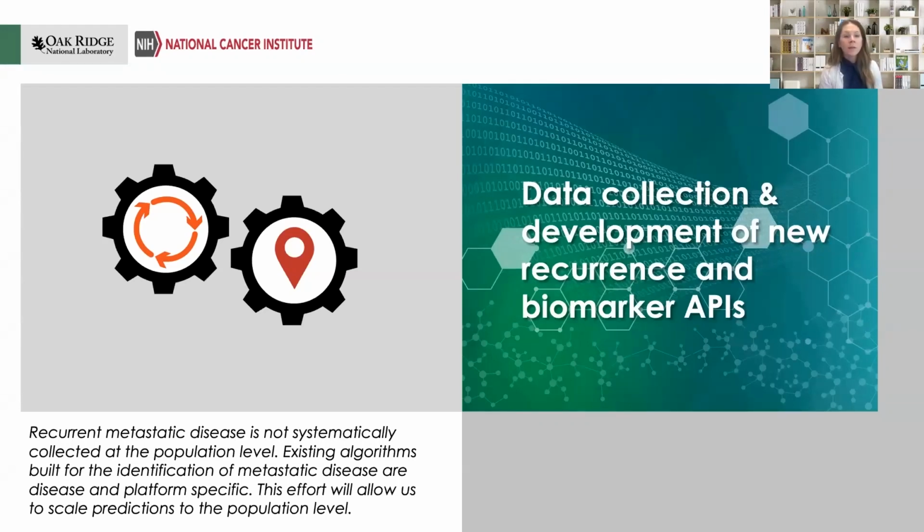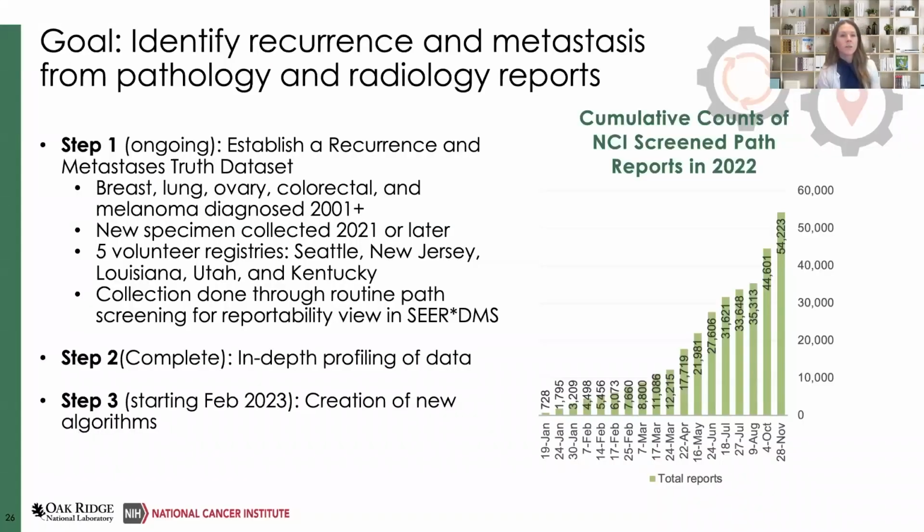And we wanted to develop an algorithm that could do that. We also would like to develop algorithms that can predict biomarker status. In order to do that, we need data collection because that data doesn't exist. So with our partnership with the NCI, we were able to establish a recurrence and metastasis truth data set.